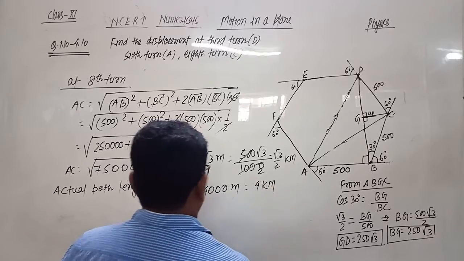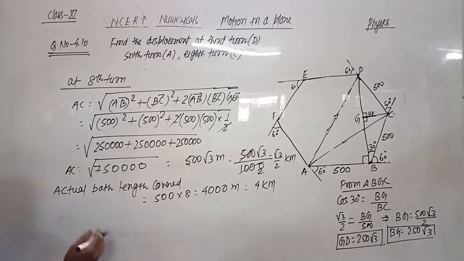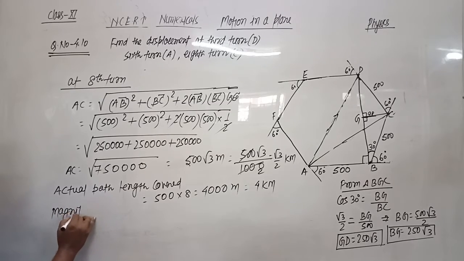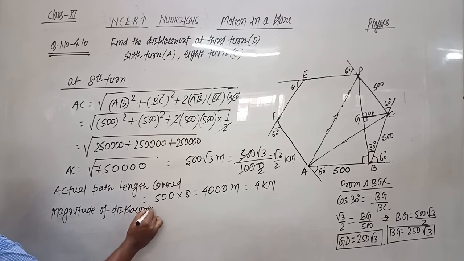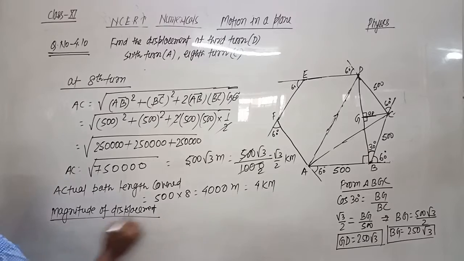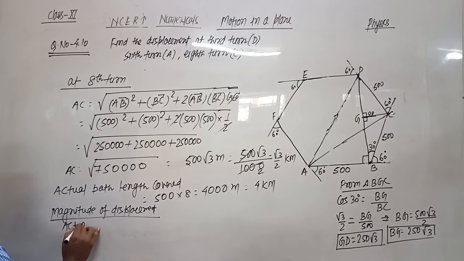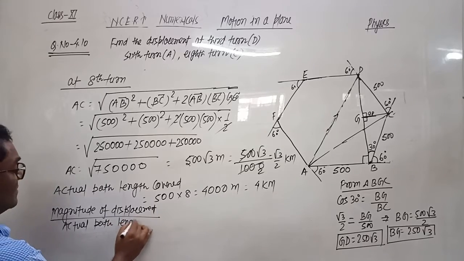Now we have to find the ratio of the magnitude of displacement upon the actual path length covered.